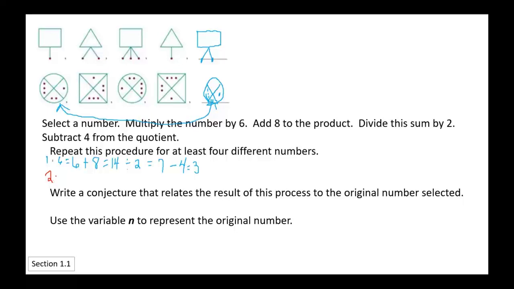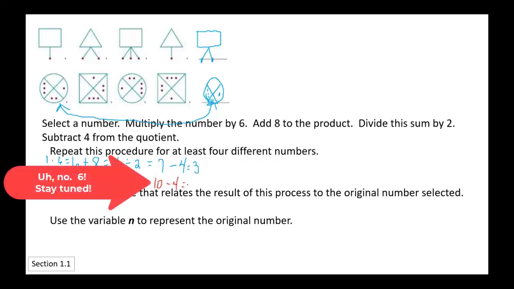Now I'm going to pick 2. It said I could pick any number. Why not pick something I can do the math easily with? So multiply by 6, add 8, divide by 2, subtract 4.